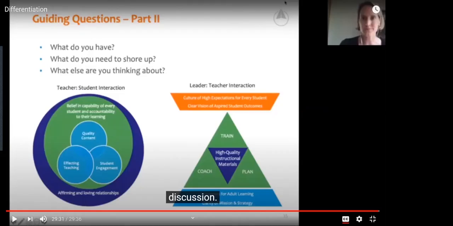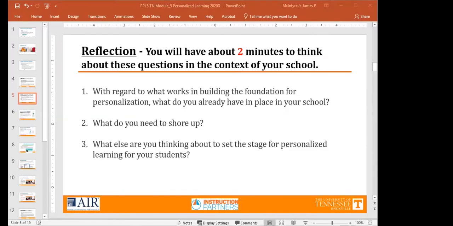Okay, great. So before we move to the next part of our session, and we will have some opportunity for small group discussion in just a few minutes, but before that, I'd ask you to take about 2 minutes for just personal reflection and thinking about some of the questions that Emily has posed and some of the content that has been presented.